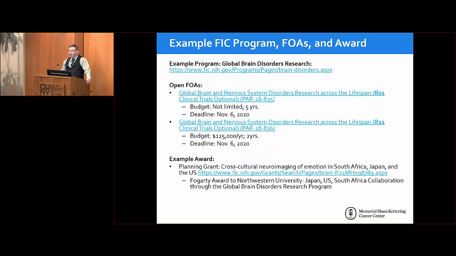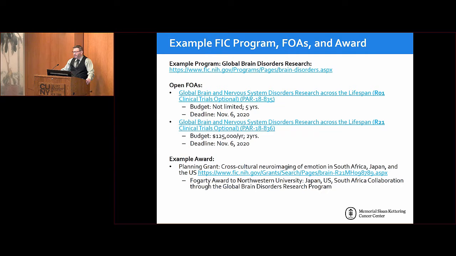I wanted to just quickly go over an example program, some funding opportunities, and an award that all follow out of one particular area that Fogarty supports. So one of the programs that was on that very long list of links is the Global Brain Disorders Research Program. If you click on that link, you have some current funding opportunities there.